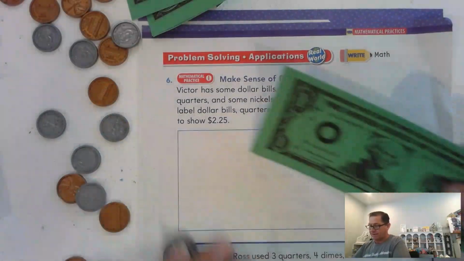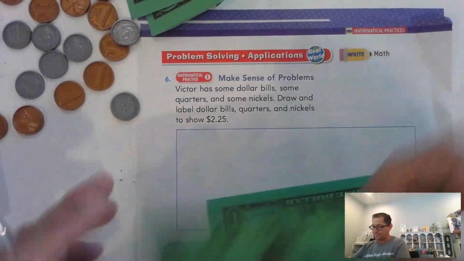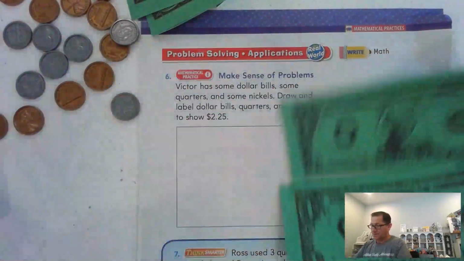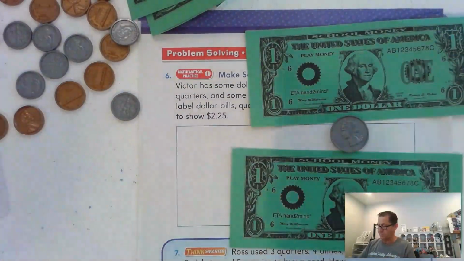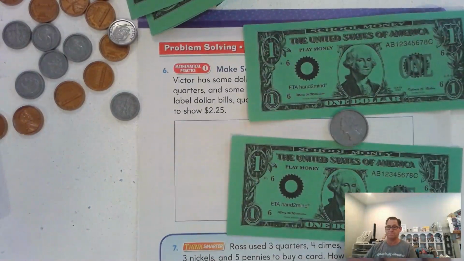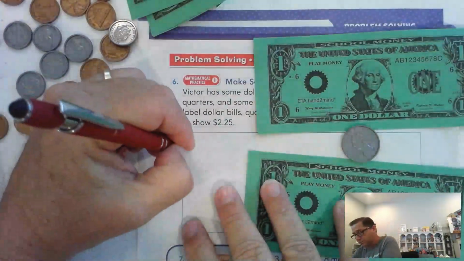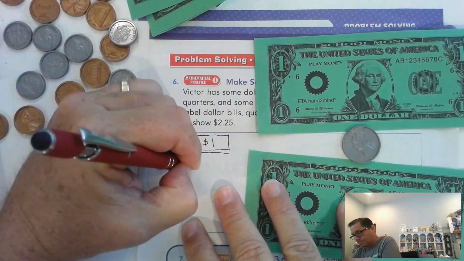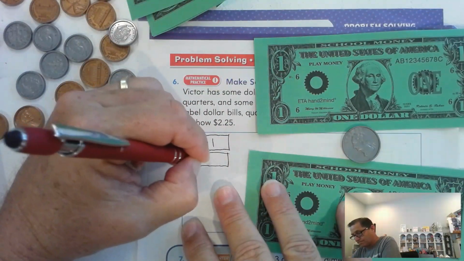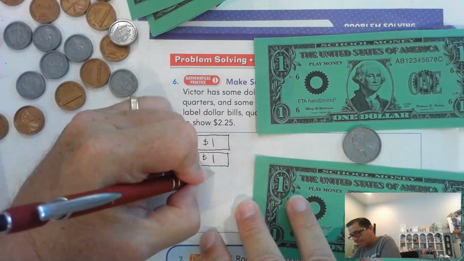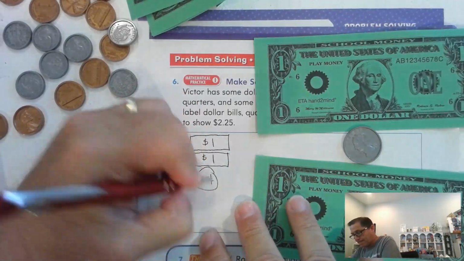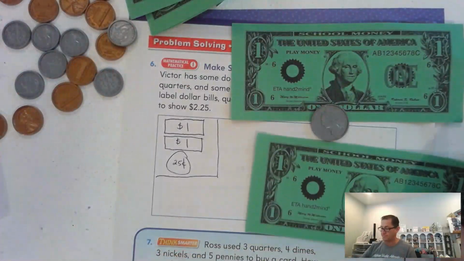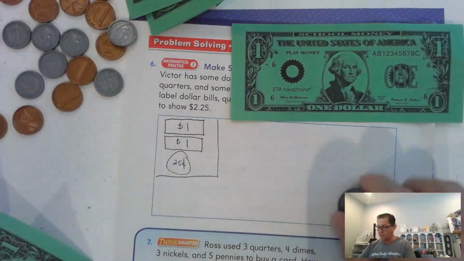Okay, and we need to draw and label so we can get $2.25. Okay, well, $2.25, right? That would work. So that's one method. What if he only had $1?